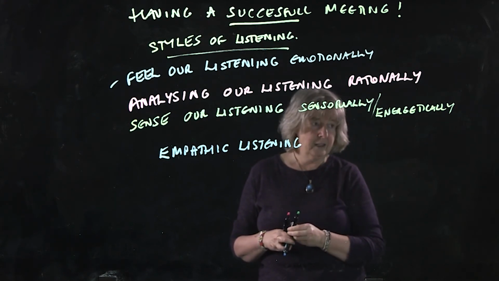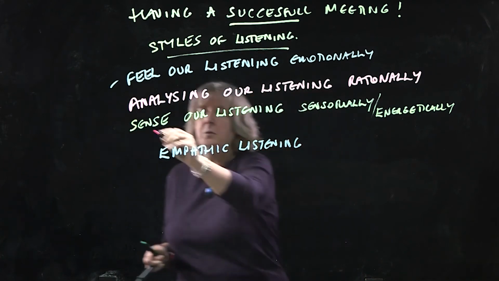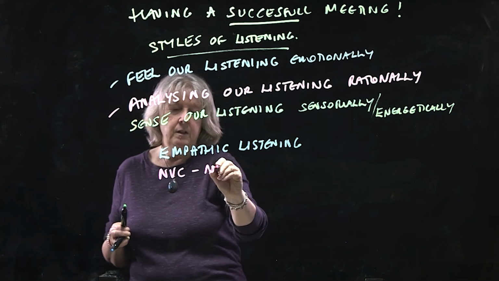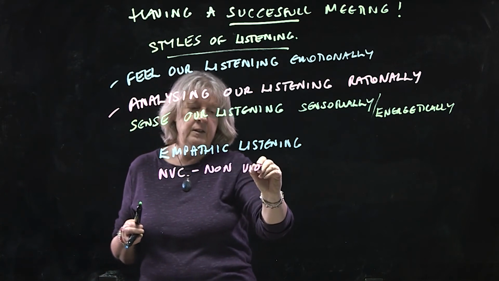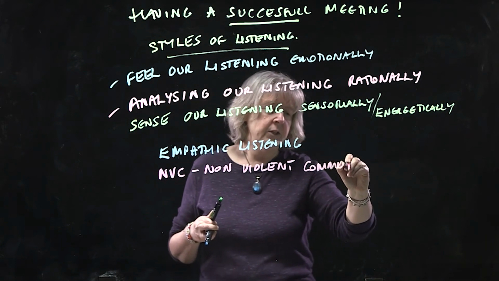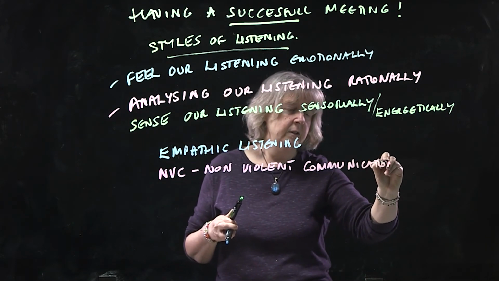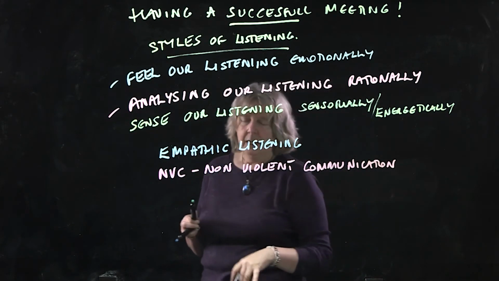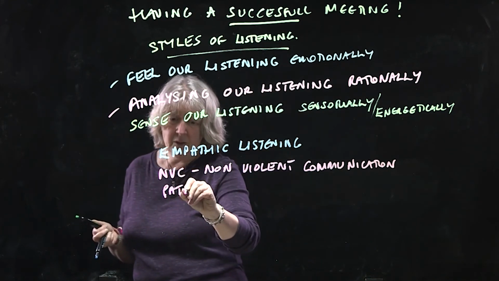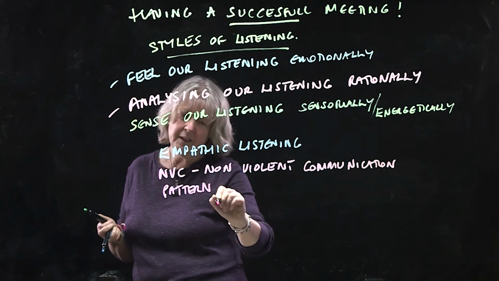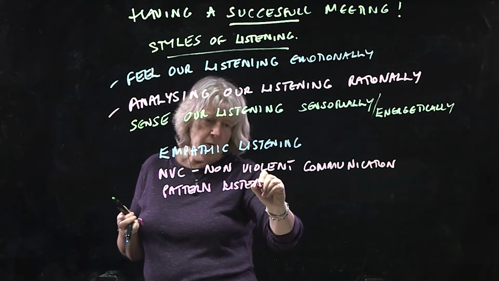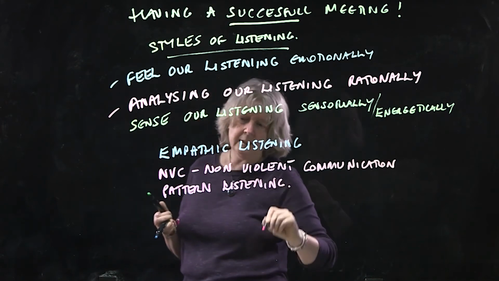So that's empathic listening. Then in terms of the more rational, we have NVC, non-violent communication. That's one. And then one that I'm kind of making up, to be honest, because it's real but it's not really named, is pattern listening. So what do I mean by pattern listening?